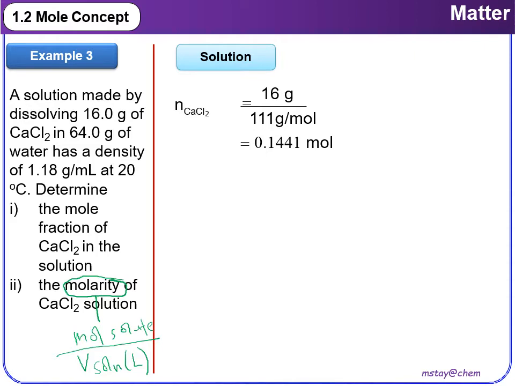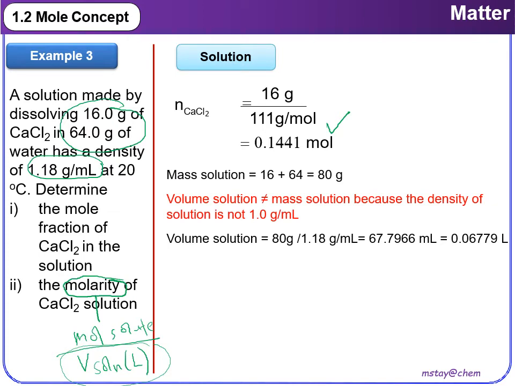For the mole of solute, just now we already did the calculation, so there is no need to repeat this step. Then next we need to look for the volume. But based on this question, we are only given the mass. We are not given the volume. But we know we can determine the volume based on the density.